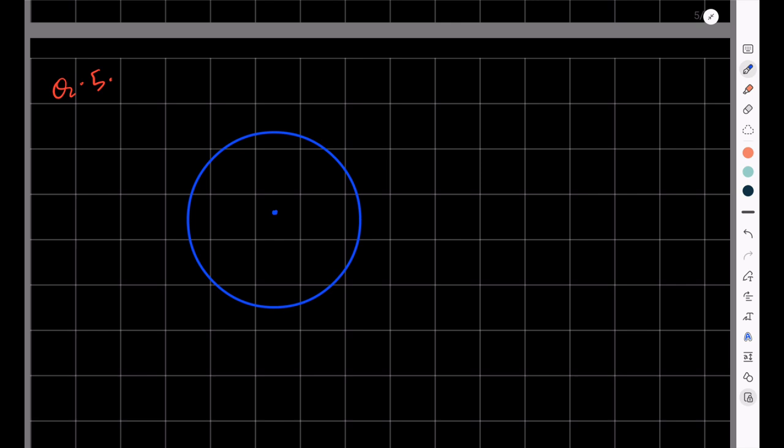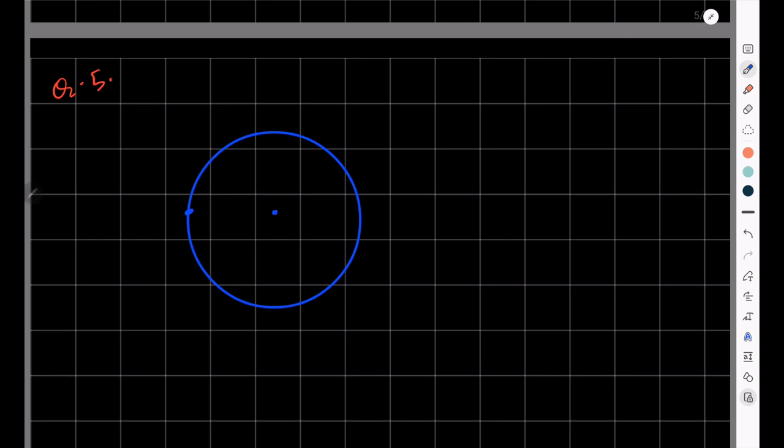But let us just do that very slowly so that we understand everything. Prove that the perpendicular at the point of contact. Let us think that this is the point of contact. Perpendicular at the point of contact to the tangent to the circle.